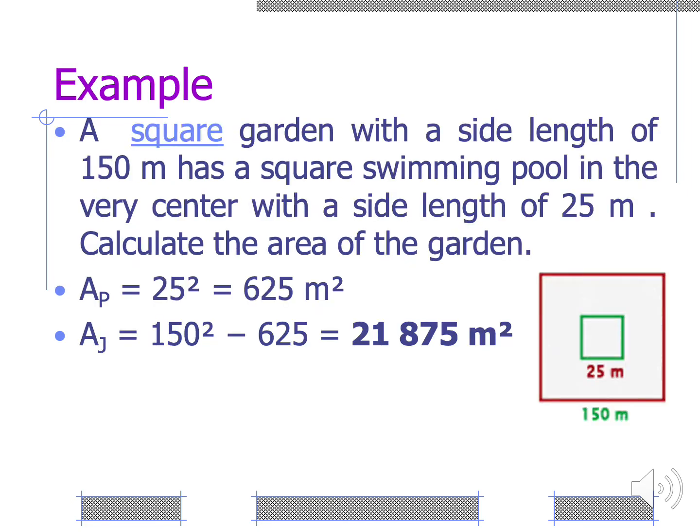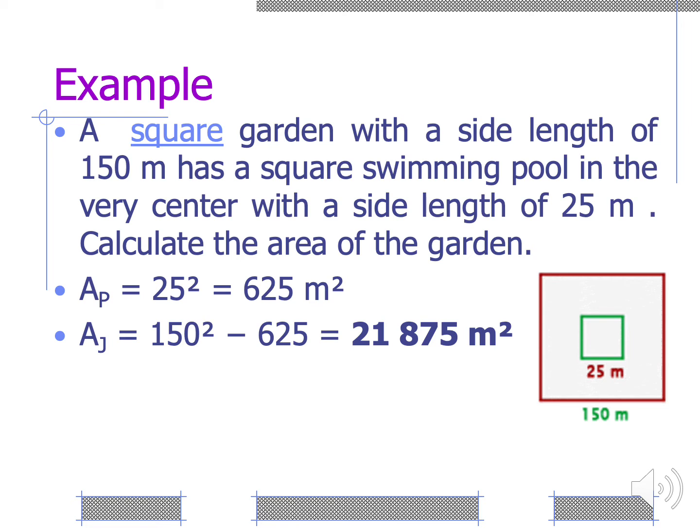Okay, so an example. There is a square garden with a side length of 150 meters, and there is a square swimming pool at the very center of it with the measure of the side 25 meters.